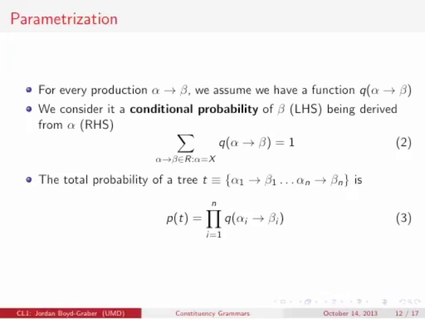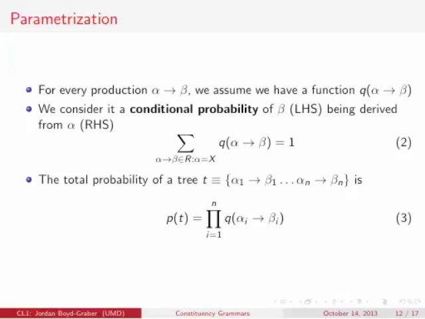To parameterize a probabilistic context-free grammar, what we're going to do is assume that for every production, we have some function Q that tells us the conditional likelihood of having that derivation. So we're going to condition on the left-hand side, and then we're going to ask, what is the probability that that left-hand side turns into the right-hand side?